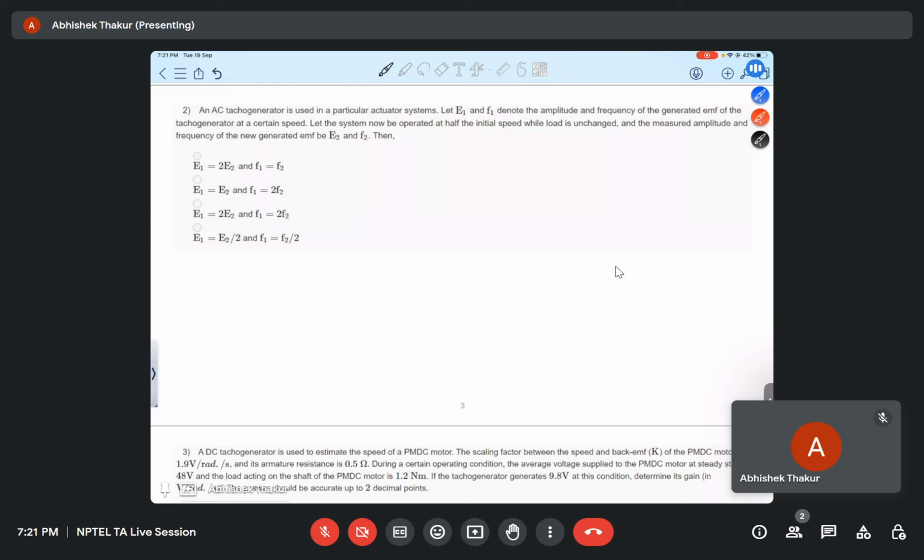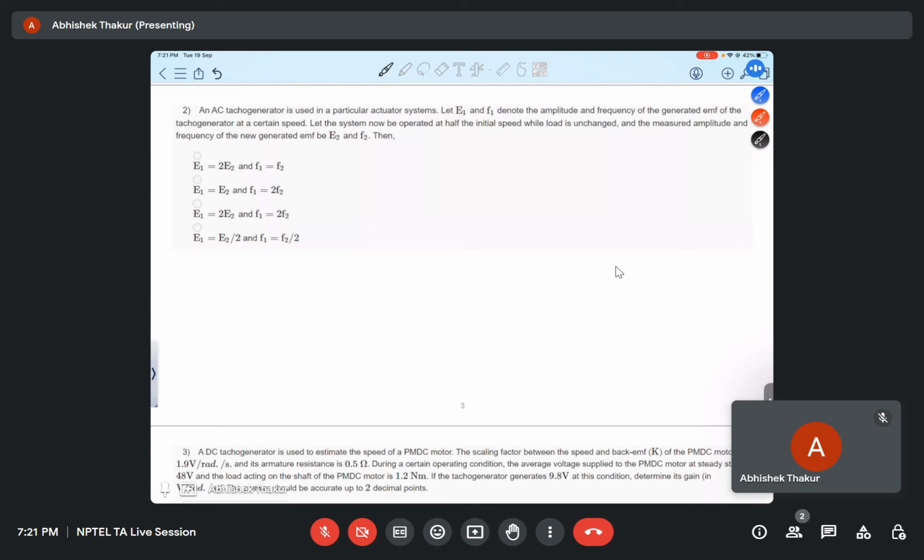Let E1 and F1 denote the amplitude and frequency of the generated EMF of the tachogenerator at a certain speed. Let the system now be operated at half the initial speed while the load is unchanged. So the speed of the system is half, but the load is unchanged, and the measured amplitude and frequency of the new generated EMF are E2 and F2. In this question it is asking which is the correct option.